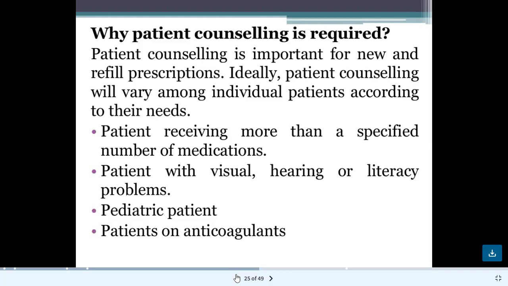Ideally, patient counseling will vary among individual patients according to their needs. Patients receiving more than a specified number of medications. Patients with visual, hearing, or literacy problems. Pediatric patients. Patients on anticoagulants.